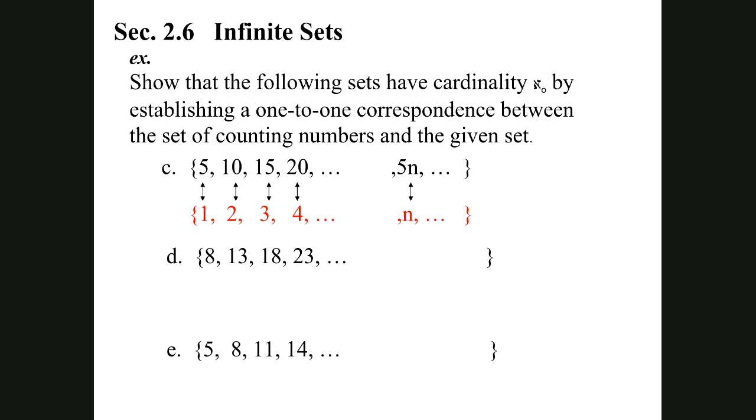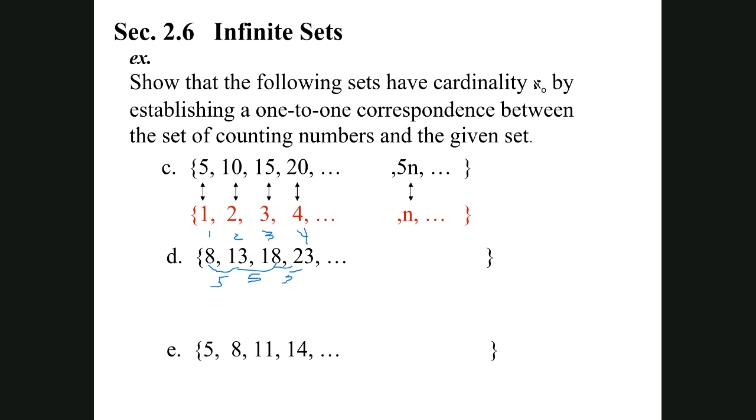In example D, first term is 8, second term is 13, third term is 18, fourth term is 23, and the fifth term is 28, because we keep adding 5, adding 5, adding 5, adding 5, and we add 5 to get to the next term, 28.